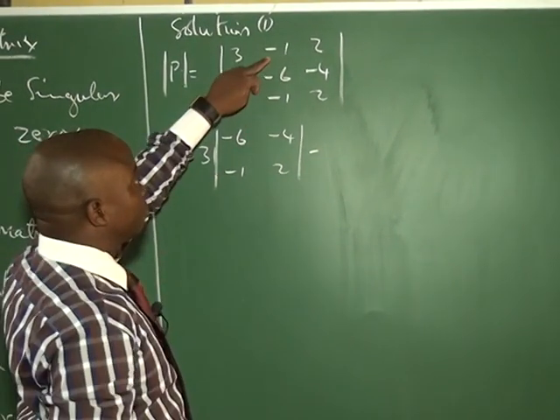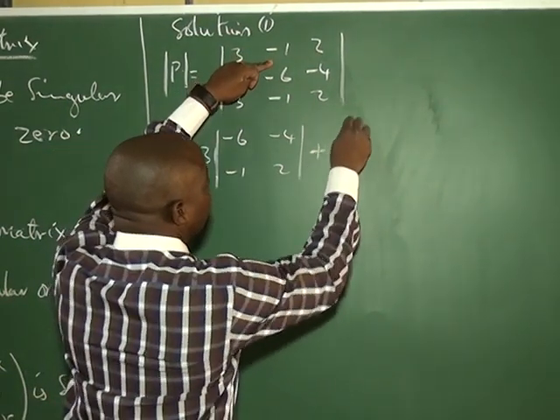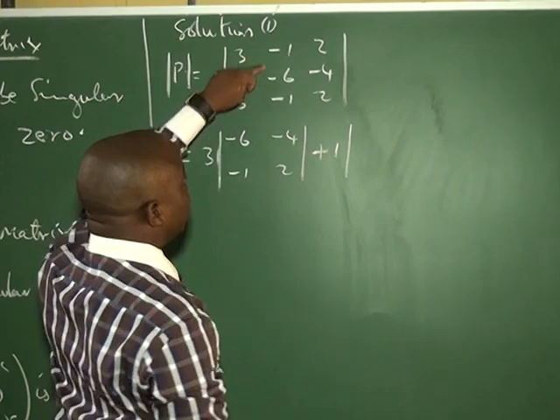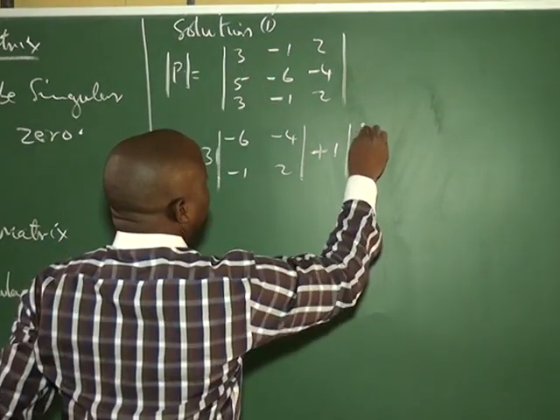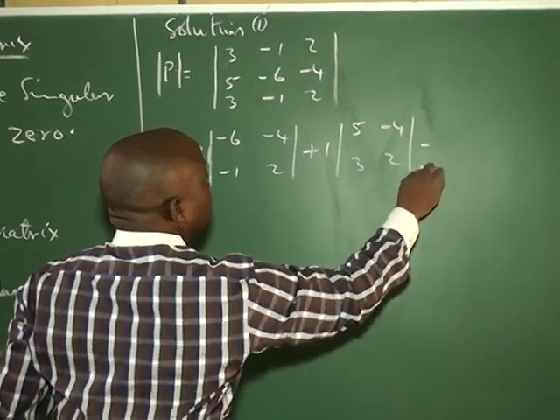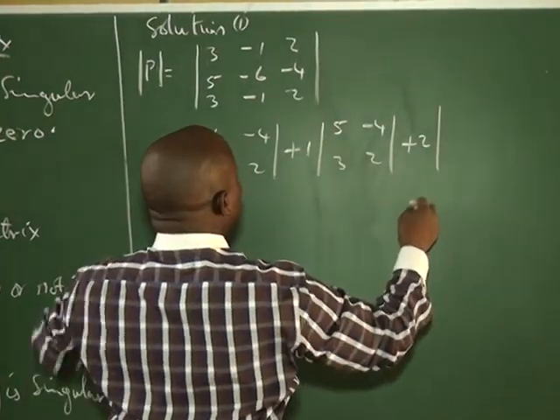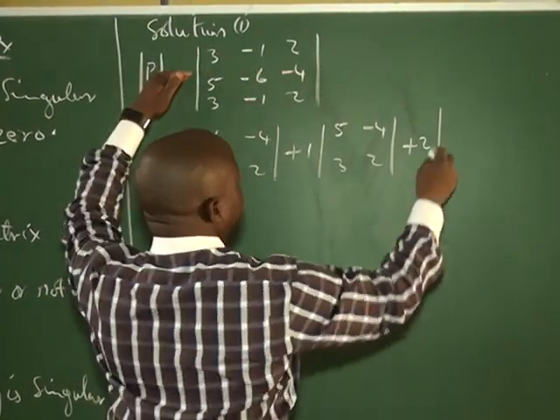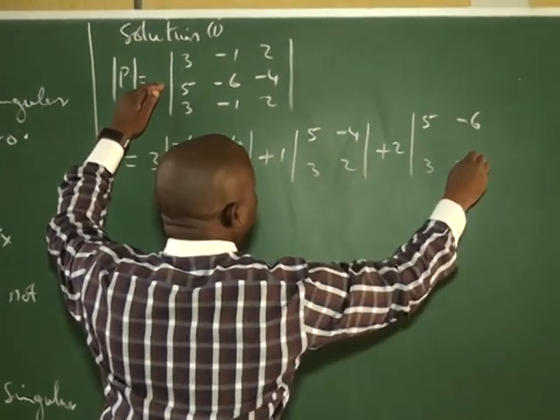The next element carries a minus, so it has to be plus 1 there. If we ignore the column and the row, we have 5, minus 4, 3 and 2, plus 2. Then we ignore here and here to have 5, minus 6, 3, minus 1.